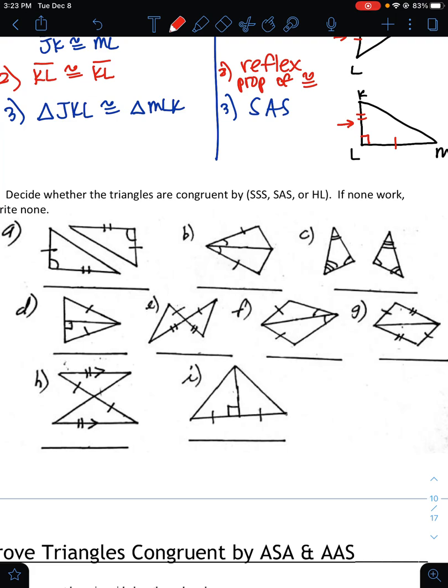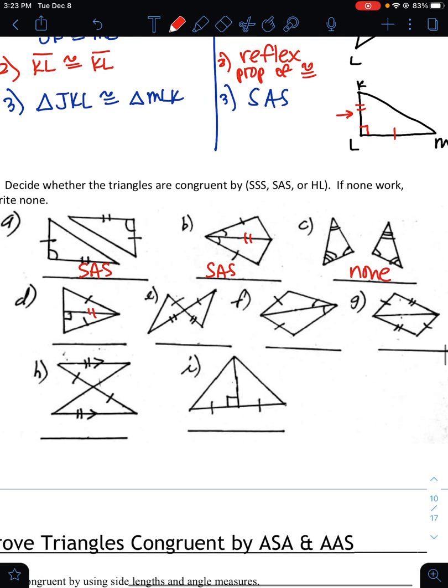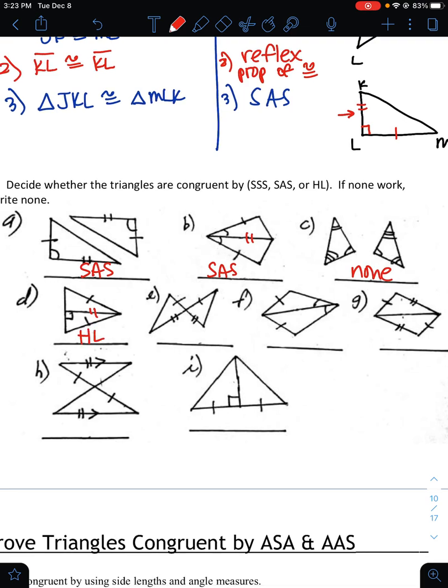Okay, letter A is side angle side. I'm going to mark reflexive. This is also side angle side. This is none. We don't have an angle, angle, angle. That does not guarantee congruence. Mark reflexive, and that now gives me HL because I can see the right triangles.